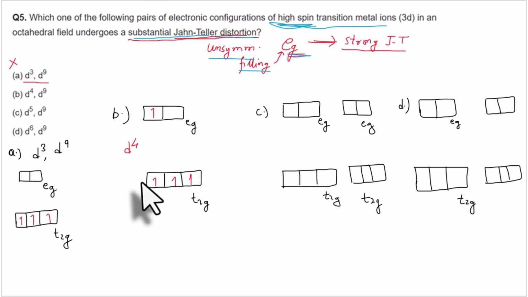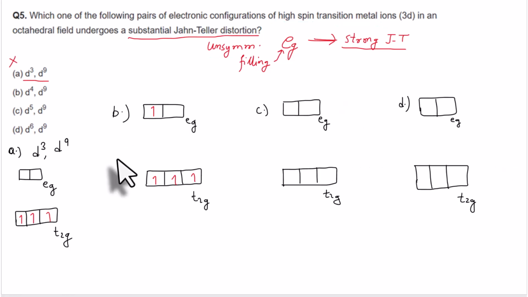So that's why we have d4 as 3 electrons in t2g and 1 electron in eg. In all configurations, the electrons will be occupied singly first and then pairing will take place, as we observe for high spin configurations. So in d4 we have an unsymmetrical filling of the eg orbital. Okay, 1 electron in 2 orbitals.